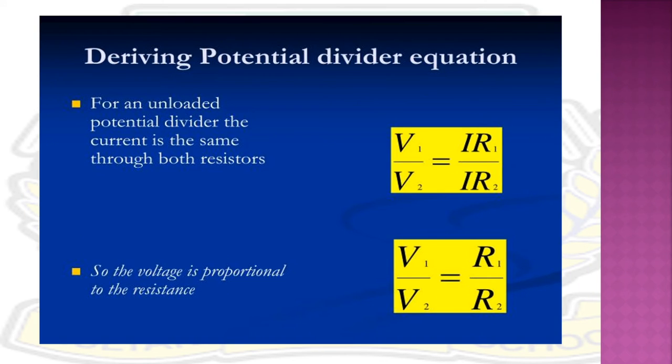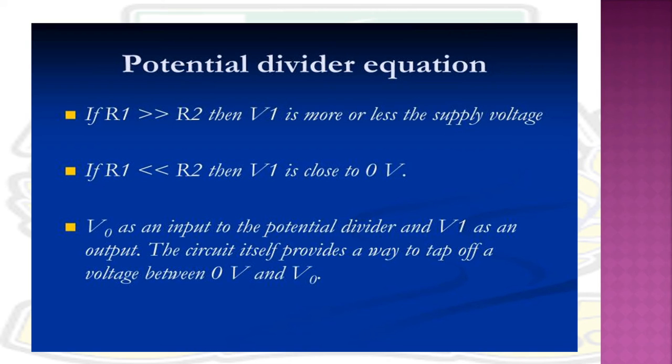Now, deriving the potential divider equation. For an unloaded potential divider, the current is the same through both resistors. So we can say that V1 over V2 is equal to IR1 over IR2. The voltage is proportional to the resistance, so V1 over V2 is equal to R1 over R2. Now we have to see the potential divider equation.